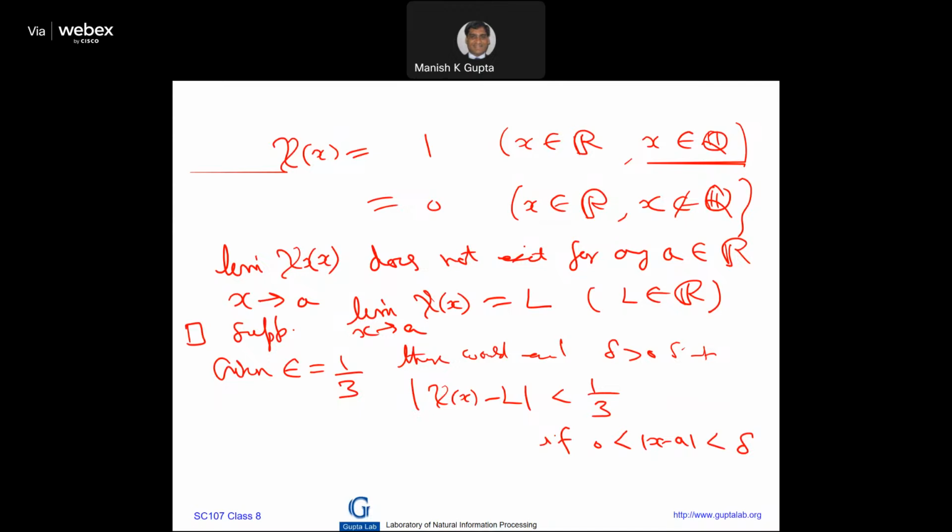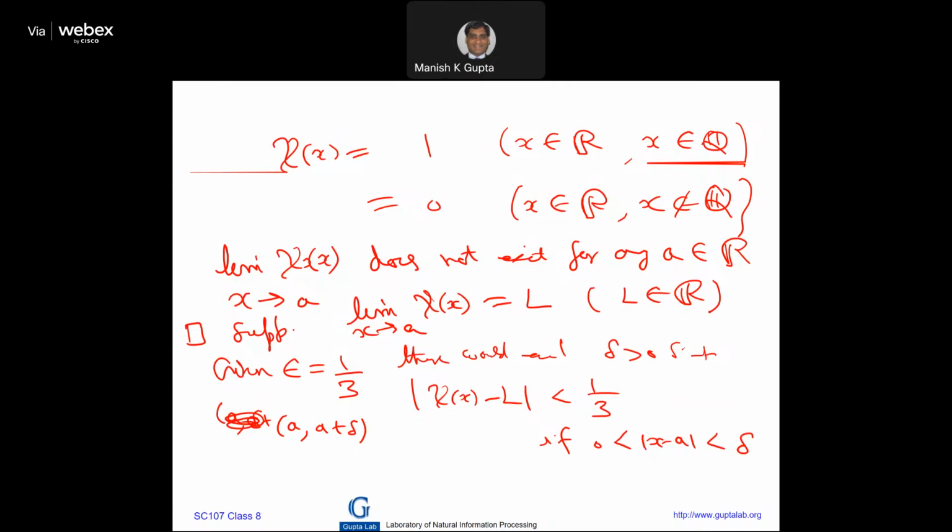So suppose the limit exists and the value is L. Choose epsilon to be 1 by 3, then there will be a positive delta such that this is less than 1 by 3 if 0 is less than mod of x minus a is less than delta, by definition. Now what I'm going to do is look at the interval a comma a plus delta, on the right side of the neighborhood of a.